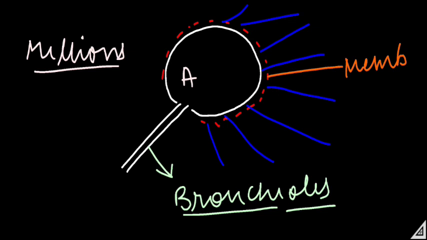This is your round structure and this is your membrane, right? This membrane allows the exchange of gases. It is just like a thin skin sheet. The skin sheet is very thin so that gases can be exchanged easily from here, right?